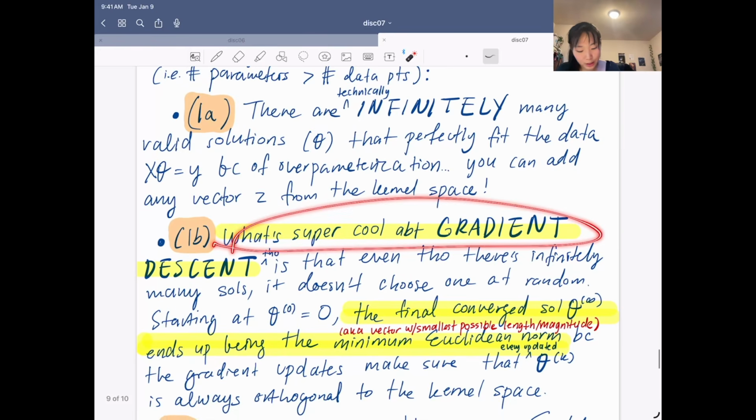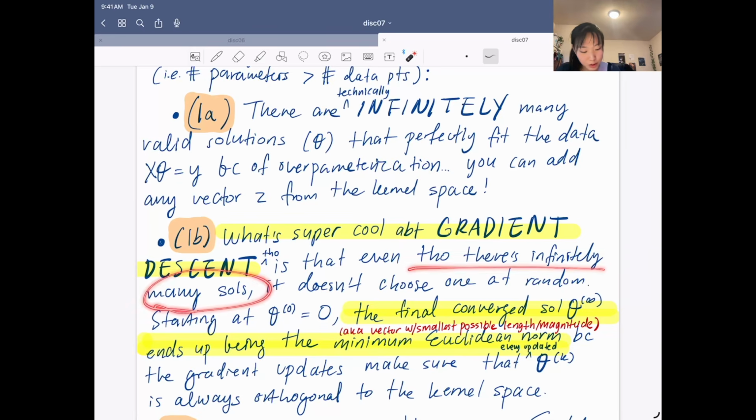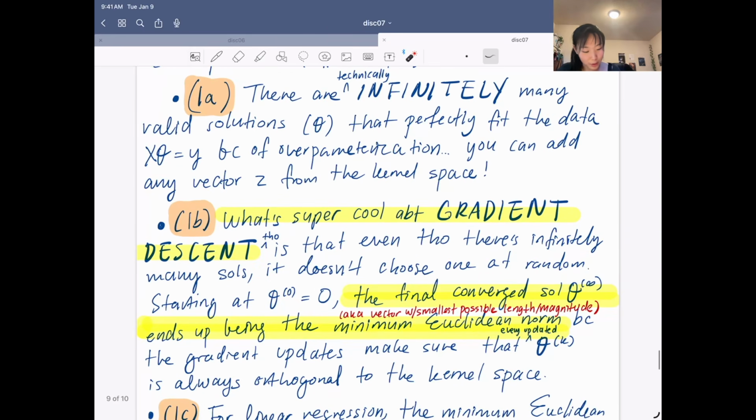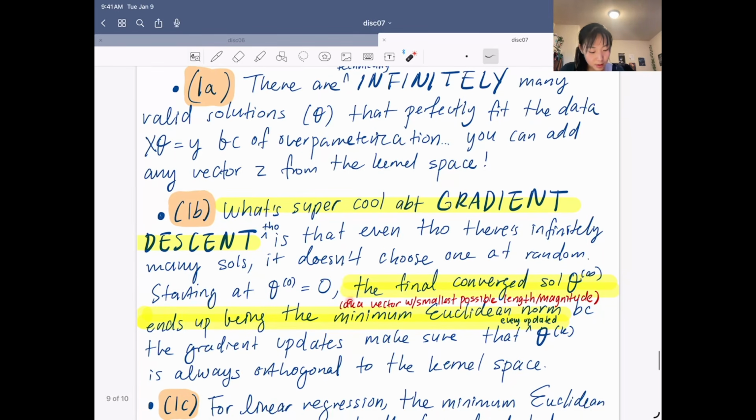What's super cool about gradient descent is that even though there are infinitely many solutions, it doesn't just choose one random solution. It actually chooses a very specific solution. If we start by initializing all our parameters to 0, the final converged solution, theta infinity, ends up being the minimum Euclidean norm, aka the vector with the smallest possible length or magnitude.